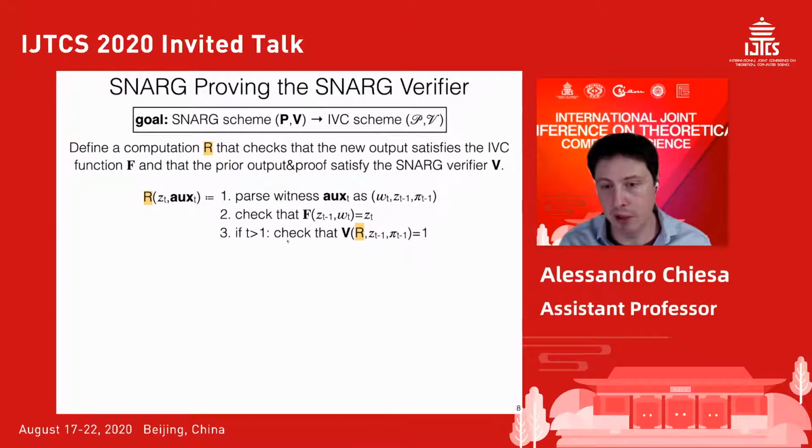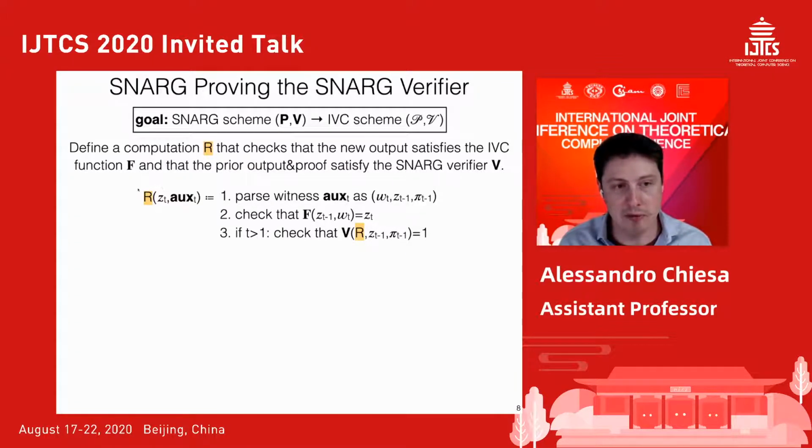And second, if we're not in the base case, it runs the snark verifier, notice, on itself, okay? So this is going to look temporarily confusing, but this apparent circularity can be resolved. It runs the snark verifier on itself, checking the prior input and the prior proof, okay?